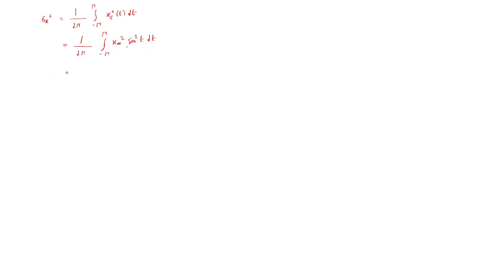Since the sine square t value is similar for minus pi to 0 and 0 to pi, we can bring a 2 outside here and integrate it from 0 to pi. We have xm square outside also, sine square t dt. Correct. Now we take a 2 inside, so outside it becomes xm square by 2 pi, integral 0 to pi of 2 sine square t dt.